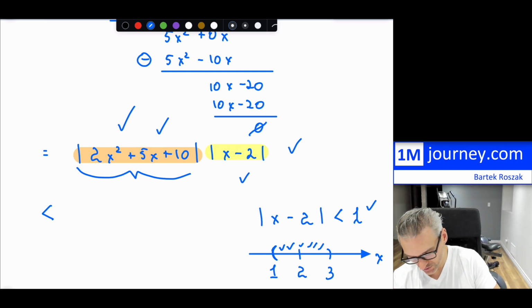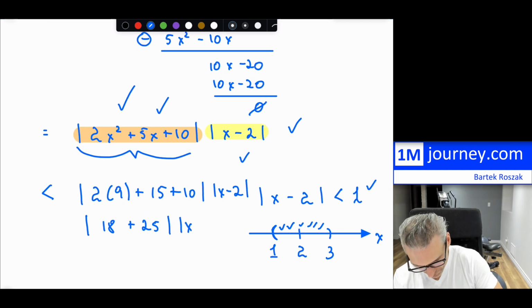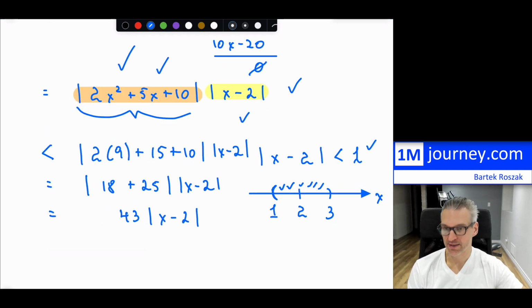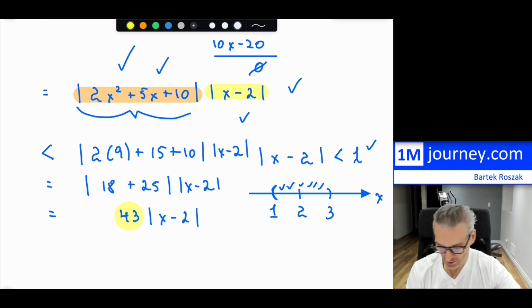If we substitute the 3 back in here, then this is what we're going to get. That's what we get unless I made some numerical error. So now we have our C. This is the bound that we wanted. We know that within this whole restriction that we put in, 43 will work, so it's going to bound this entire thing.